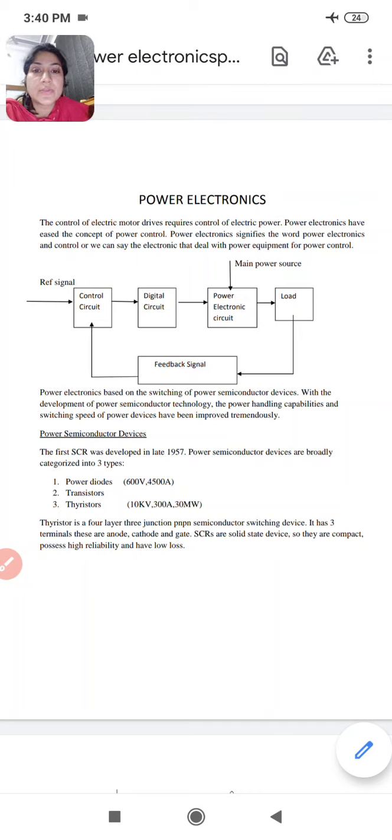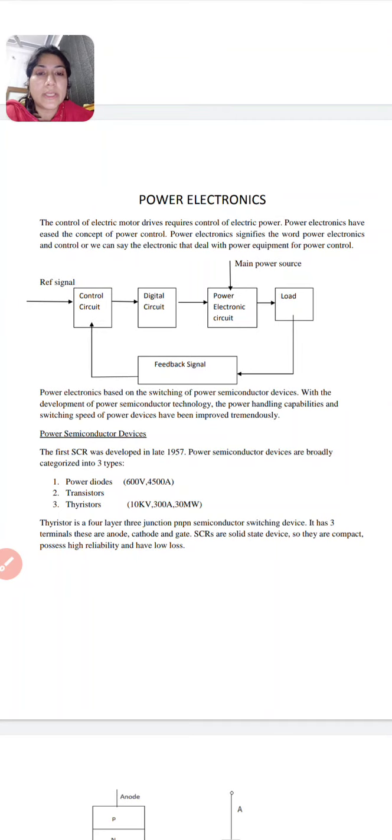Power electronics: we all know that controlling electric motors requires some electric circuitry for the controlling purpose, and the power electronics concept is based on that. By the use of electronic circuitry we control our electrical machines and other things with the help of power electronics.